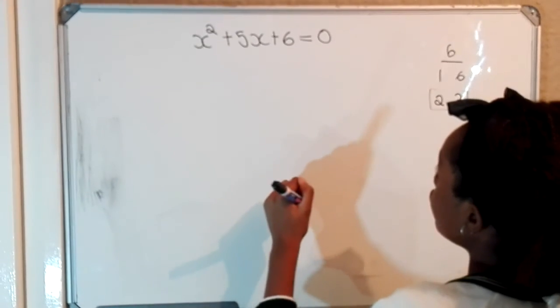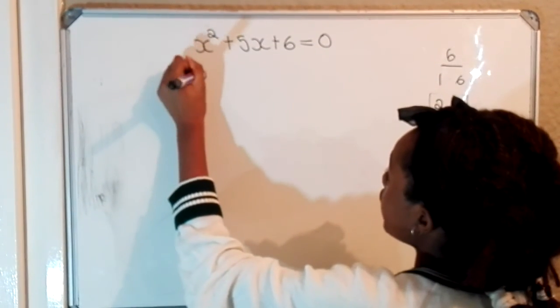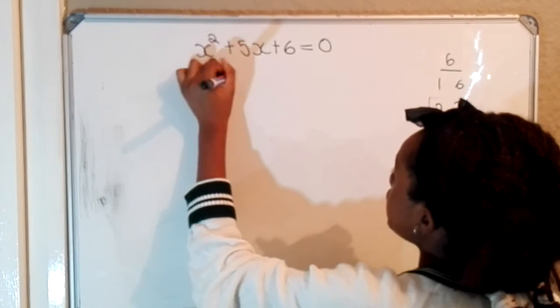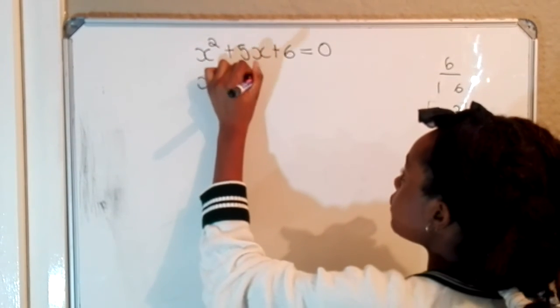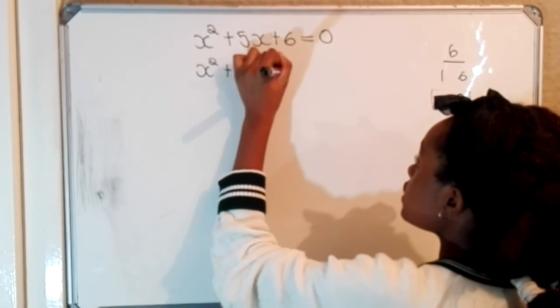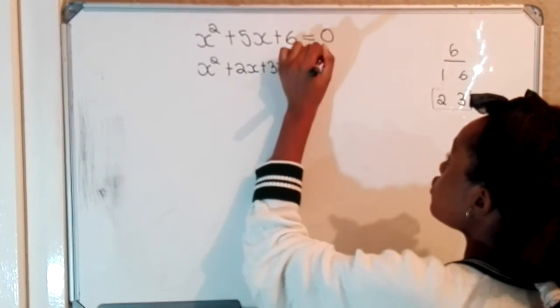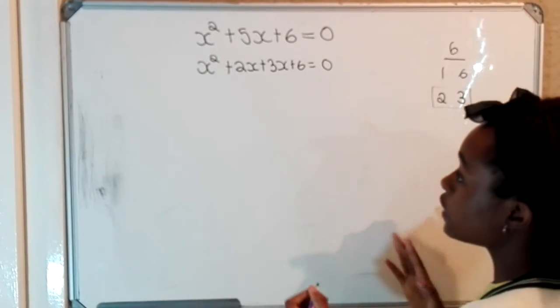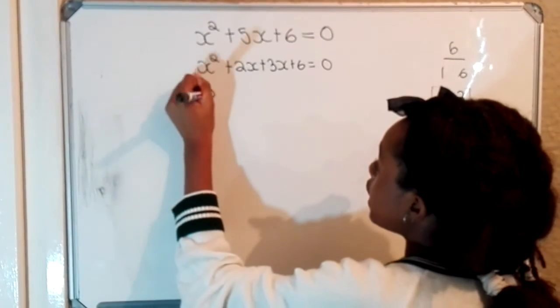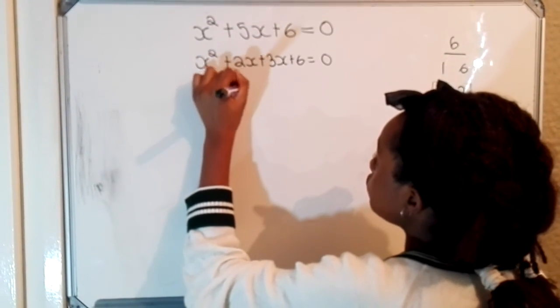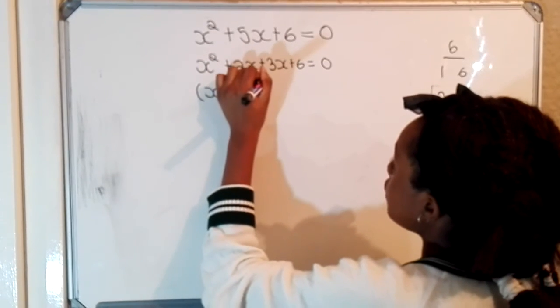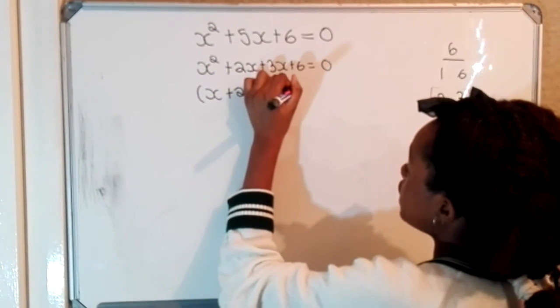So we can therefore say we have x squared plus 2x plus 3x, okay, plus 6 is equal to 0. Right, so now we can factor it, and when we factor it, we'll have x plus 2 brackets over here, x plus 3.